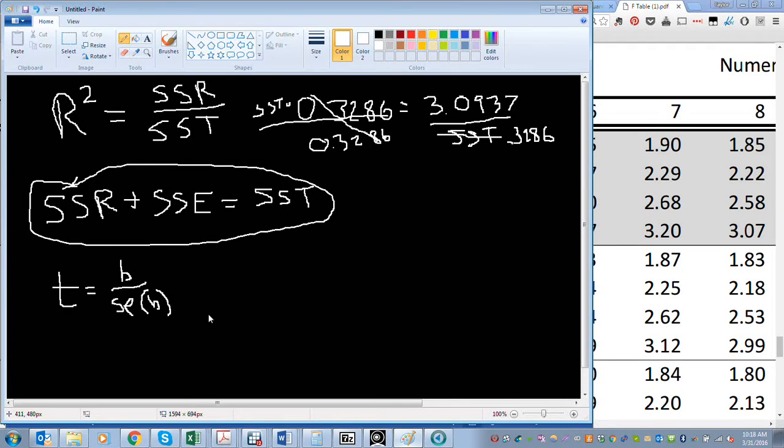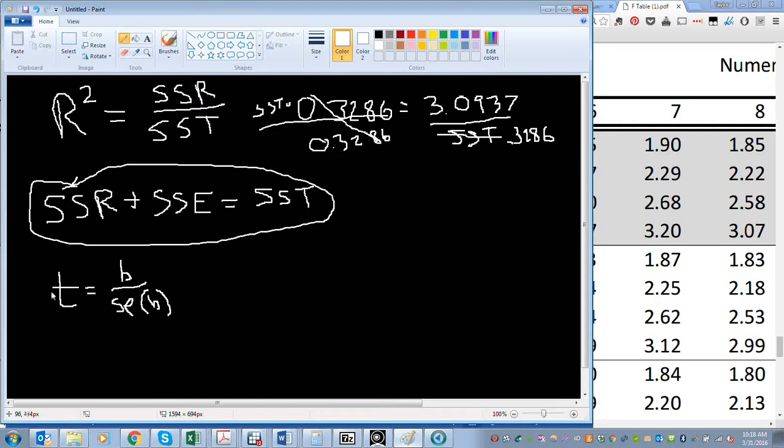That's basically our t-statistic here, because the hypothesis that Excel is testing is whether it's equal to or not equal to 0. If that's the hypothesis you're testing, this is the formula for your t-statistic.